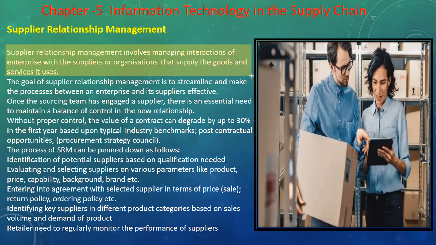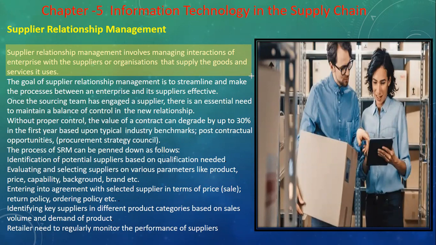So what is this? Supplier relationship management involves managing the interaction of the enterprise with the supplier. What is the interaction between the company and the supplier? This interaction is managed for future records, in the information system.